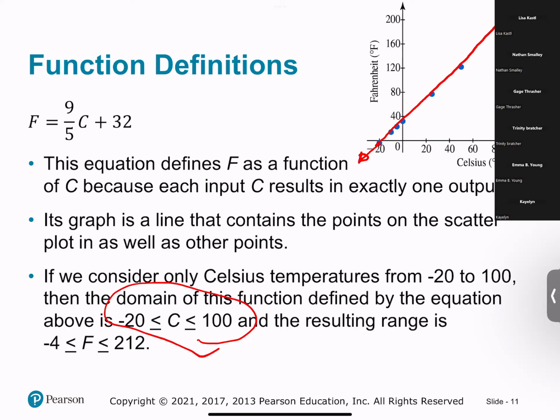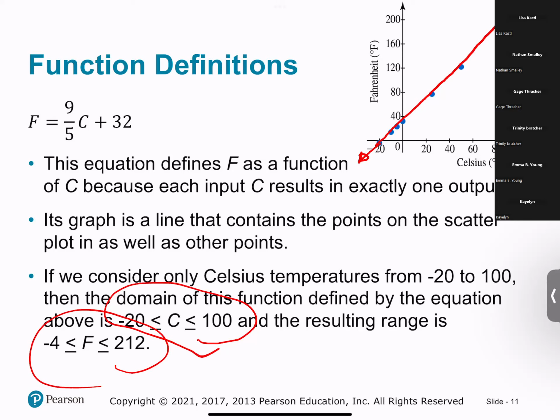So our range is from -4 to 212. And you'll notice we used inequalities less than or equal to. That's because the point (-20, -4) is on our graph, so we include that point in our domain and range using inequalities that include equals.